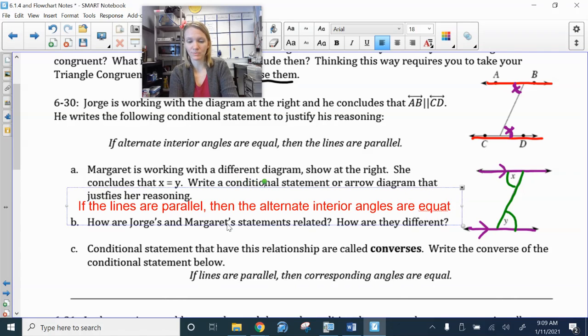And we use that in our flow chart. So she started with parallel lines and was able to conclude the angles were equal.